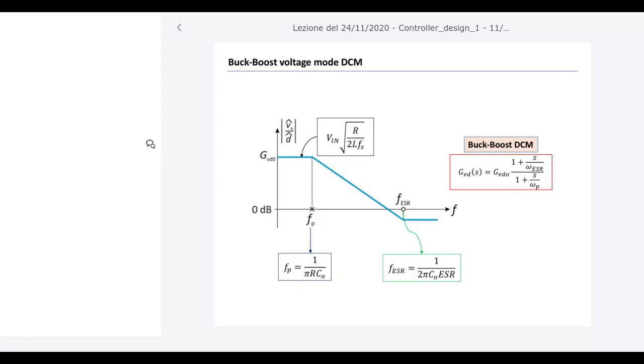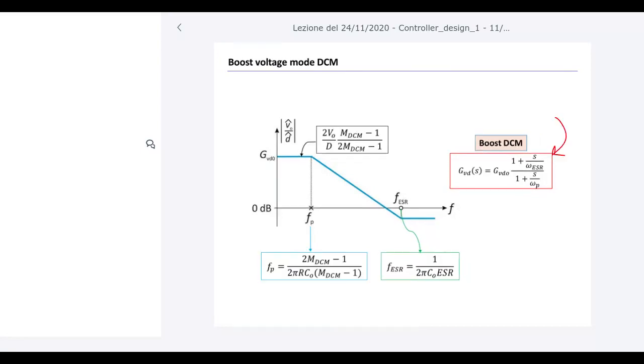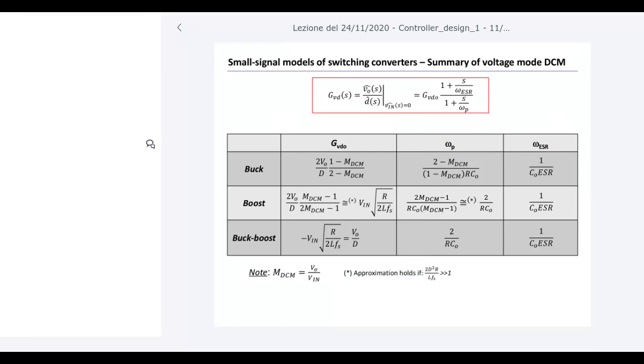These are the basic 3 topologies that we can apply. Okay, boost and buck boost operating in DCM, and buck operating in CCM. Why can't we use, for example, the boost or buck boost in CCM?